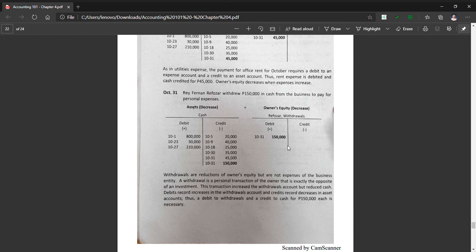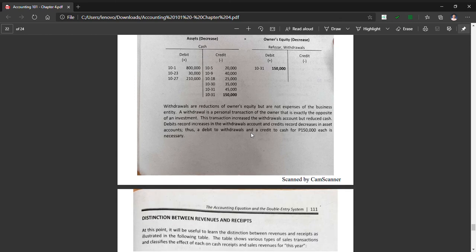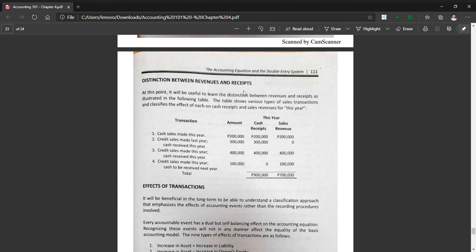Okay, so sana maintindihan nyo yung mga rules of debit and credit. Sana ma-analyze nyo kung ano bang na-affect sa mga transaction. Kung na-affect ba is your asset, na-affect ba is your liabilities, na-affect ba is your owner's equity, or your income or your expenses. So you should know how to analyze every transaction. Right?